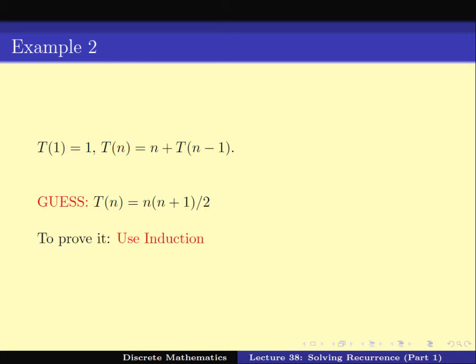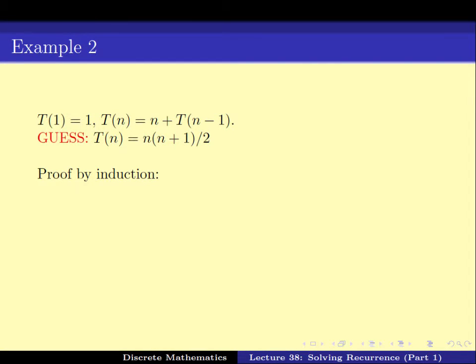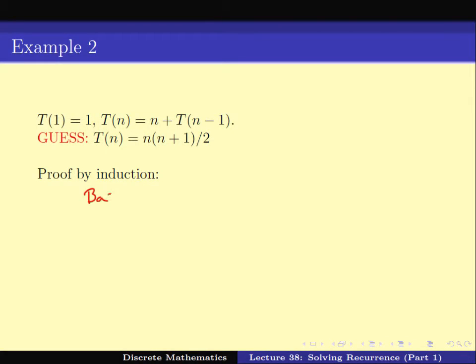So like in the earlier case, we have to again prove this one by induction. And let's see how we prove it. The base case, n equals 1. Of course, t1 equals 1, which is 1 times 1 plus 1 by 2, right? So the thing is correct for the case n equals 1.